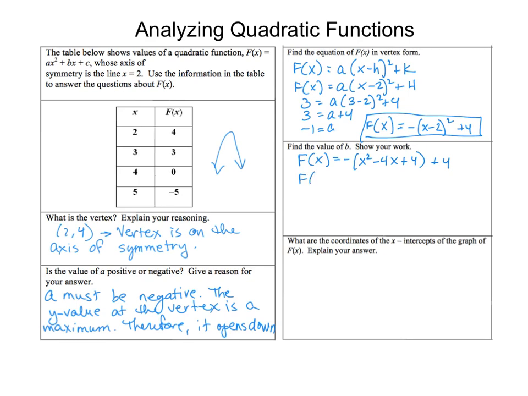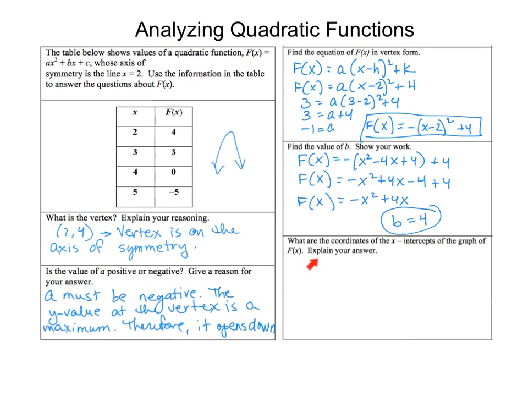We'll distribute the negative, and then this becomes negative x squared plus 4x. So the value of b is 4. b is the value that's in front of the x.